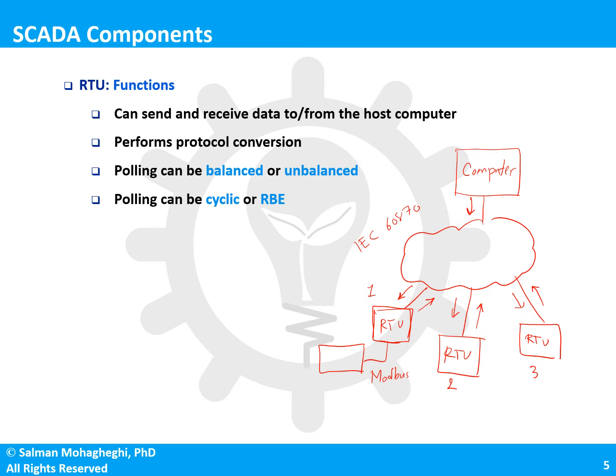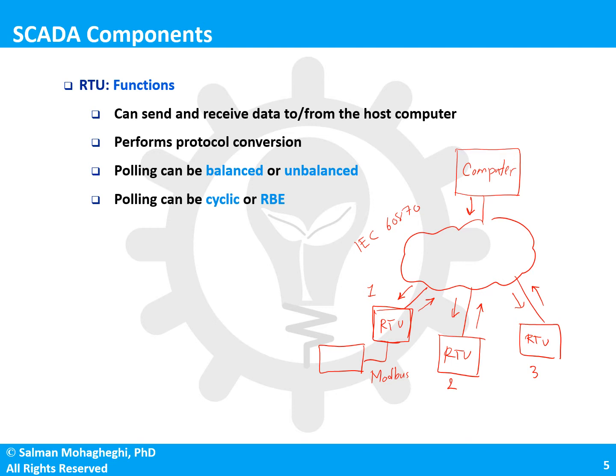As you can imagine, if you have a small number of RTUs in the system, this is an efficient approach because it's not going to take a long time for one full cycle of polling to finish. However, if you have a large number of RTUs, this is not the best approach, because if one of the RTUs suddenly has something very important to report to the host computer, it cannot do that until it's its turn again.